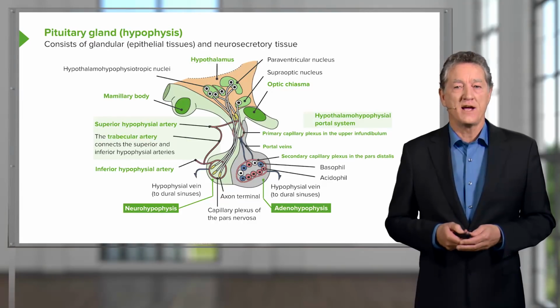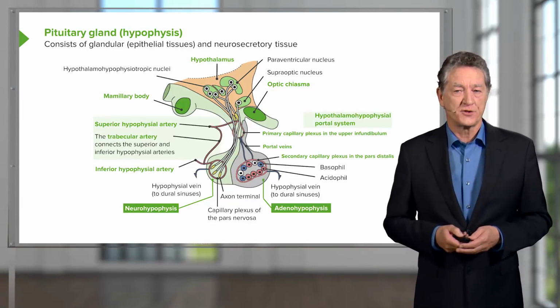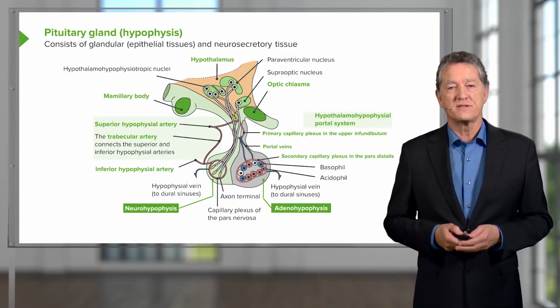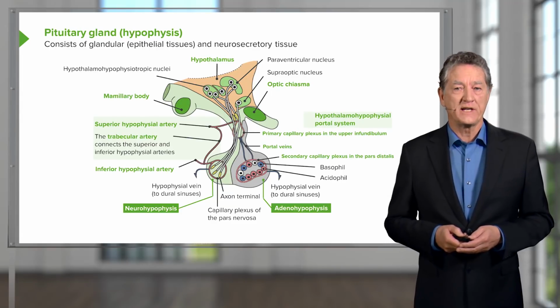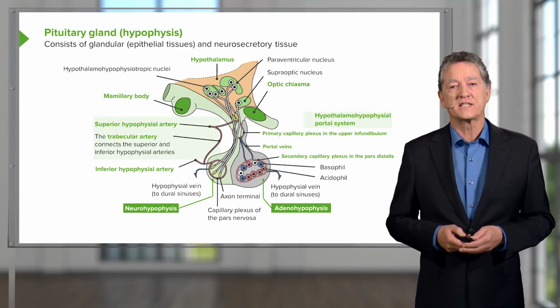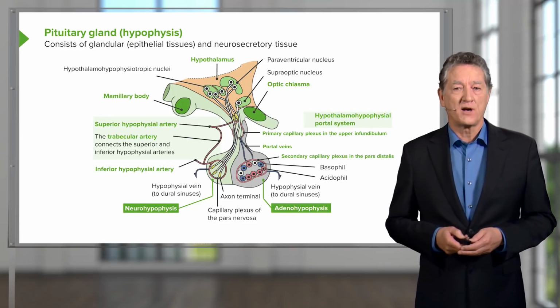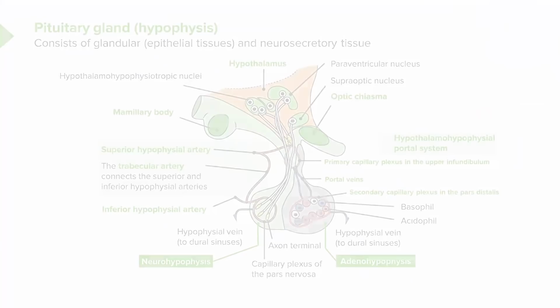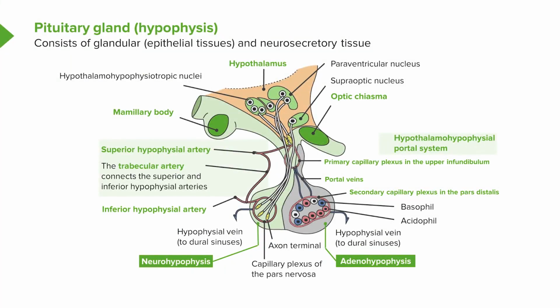But just imagine now that the anterior pituitary is full of these different secretory cells that secrete different products we'll see in a moment. And those cells secrete into the vascular system. So it's important now that I explain the vascular supply to the pituitary gland. If we go back to the hypothalamus region, you'll see just at the top a vessel called the superior hypophyseal artery.